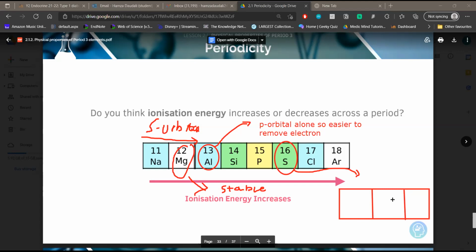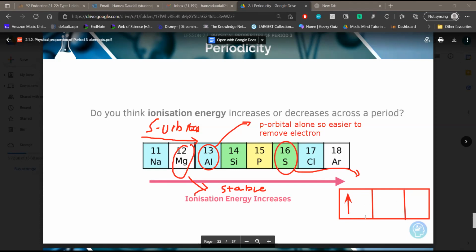So understand that these are going to be half arrows, but I'm doing them. So aluminium has the first electron in the p orbital. And remembering from this rule, electrons don't like to be paired, because paired electrons repel each other.